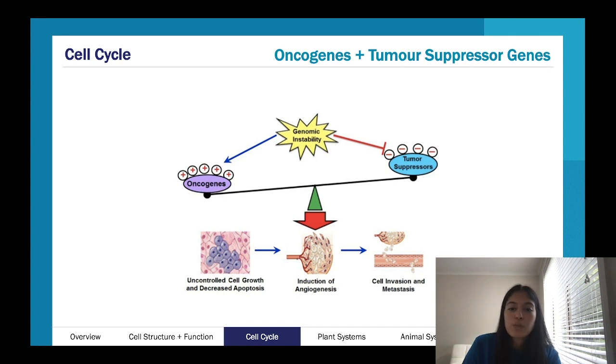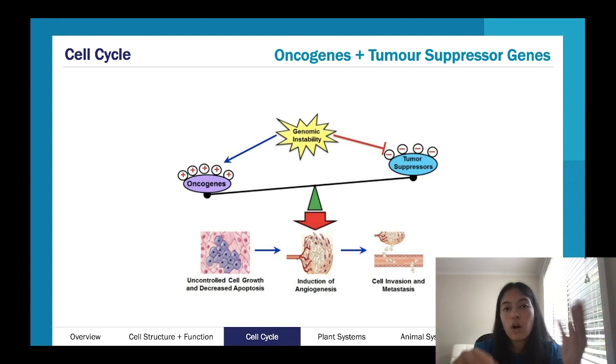P53, when we looked at that checkpoint before, if you remember that diagram, suppresses tumors when there is damage to the cell cycle. It's important in stopping it. So when we've got issues with mitosis or DNA damage, cell growth, whatever it may be, the tumor suppressor's job is to stop the cell.